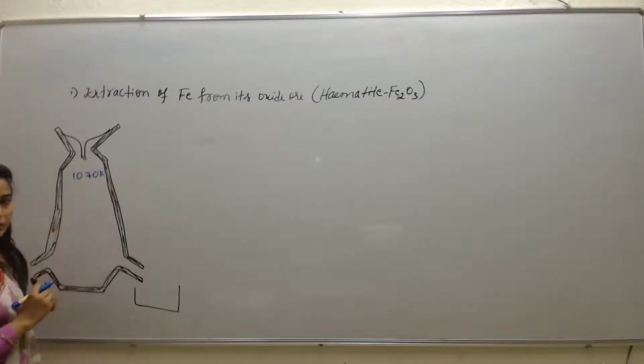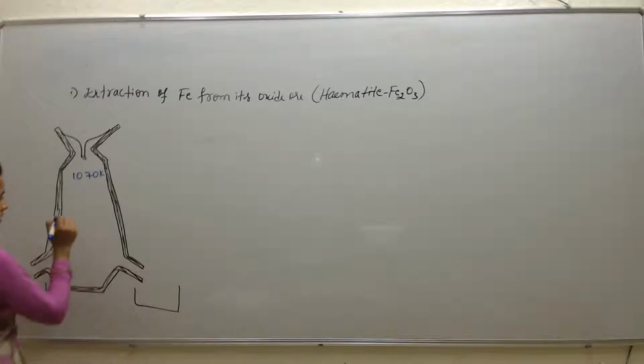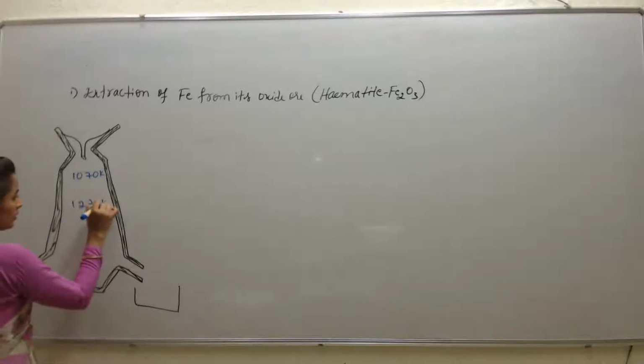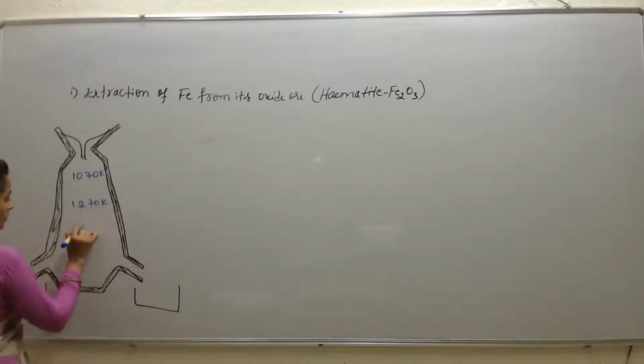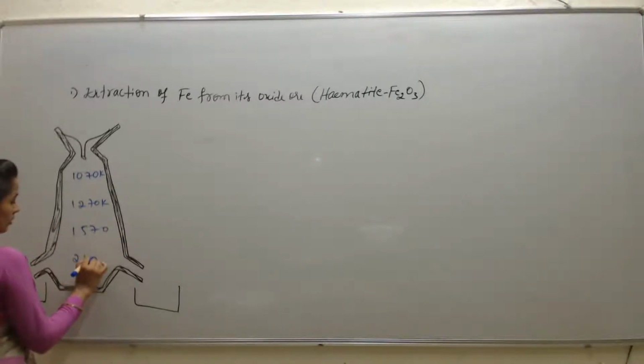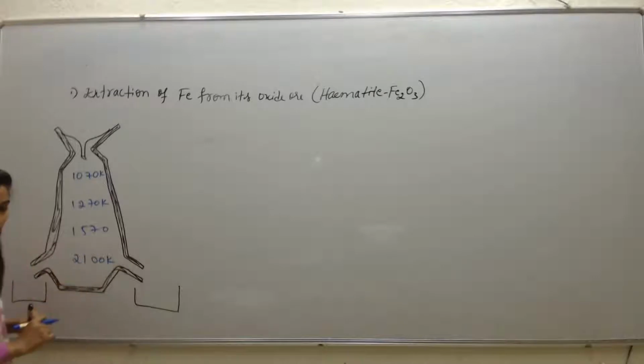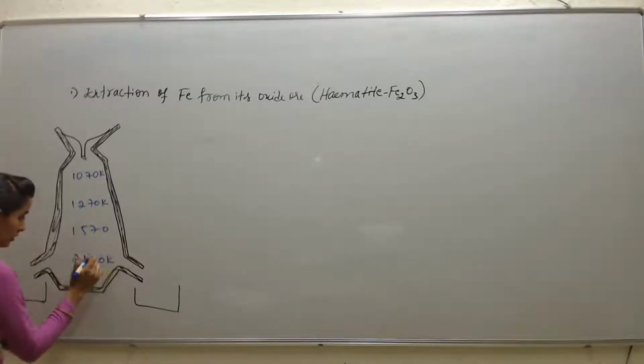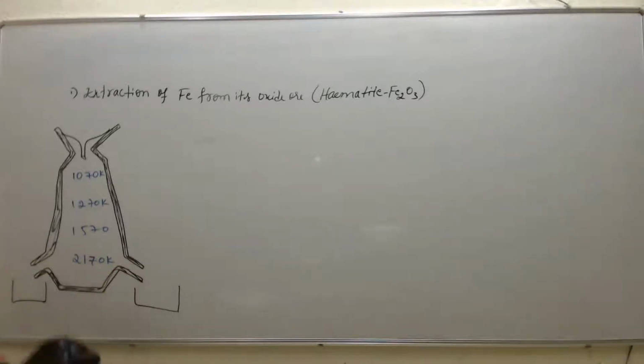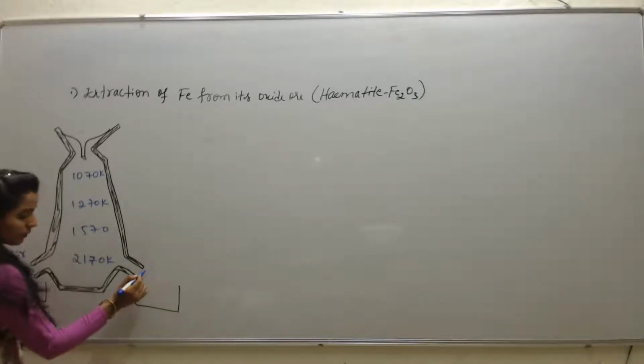Here 1070 Kelvin, next 1270 Kelvin, next 1570 Kelvin, next 2100 Kelvin. So different zones are there. From here, air is passed.